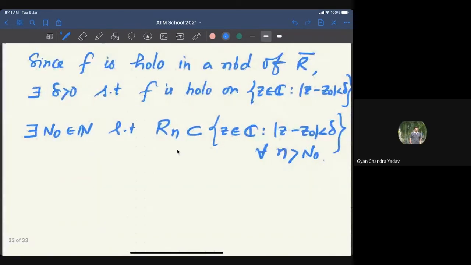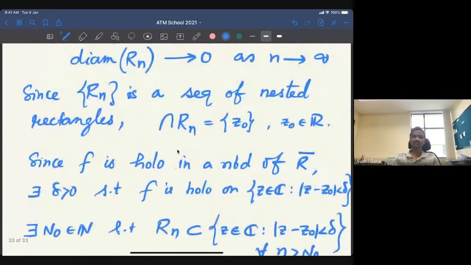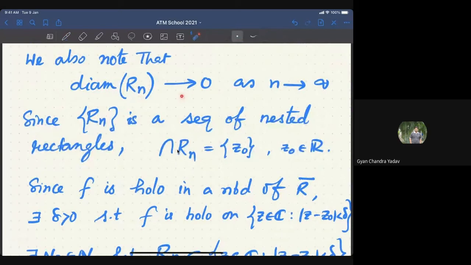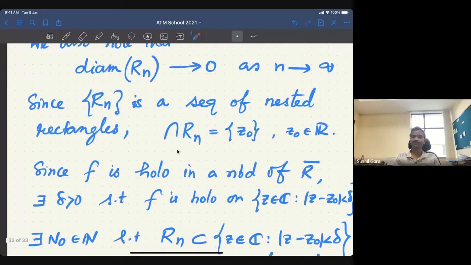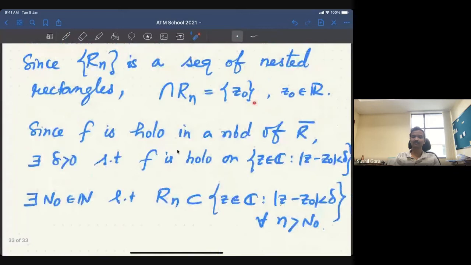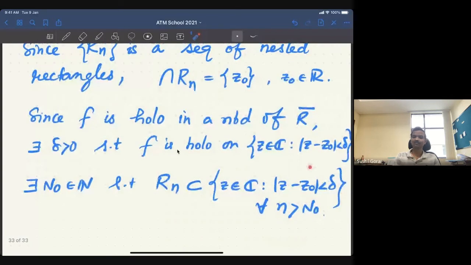Sir, repeat the last argument. Yeah, so the diameter of Rn converges to 0, right? Yes, sir. So whatever delta you take, and the intersection is Z0, right? Z0 is in Rn for all n. So that means if you take a neighborhood of Z0, your Rn will be inside for large n.